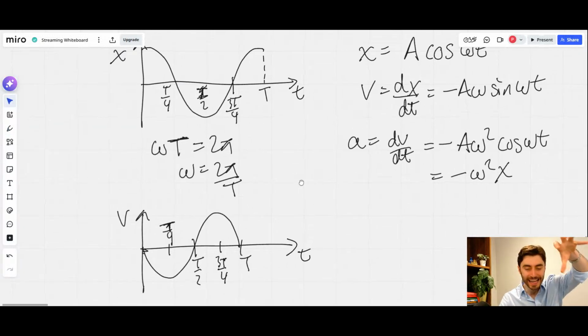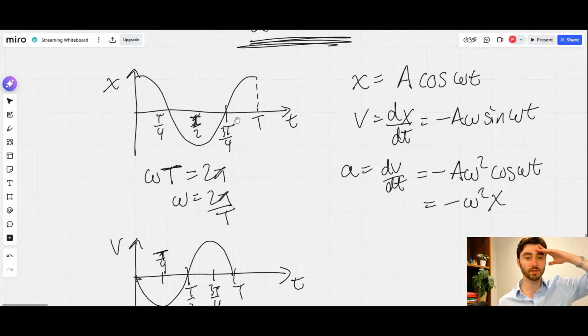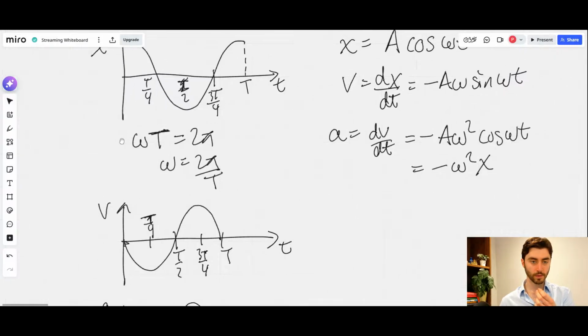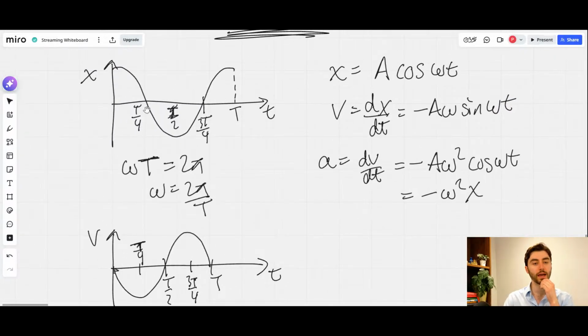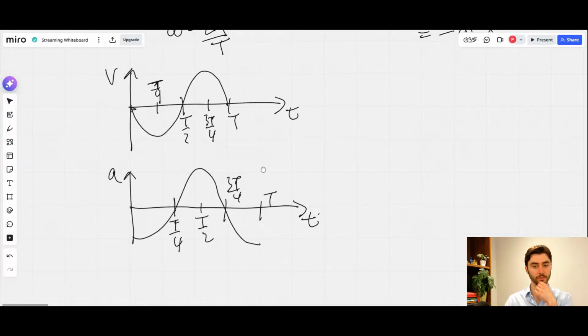And you can take these graphs and therefore understand what's happening in general in terms of energy. Because we can see here that when the displacement is 0, which is at the equilibrium position, we have our maximum speed, and acceleration is 0.